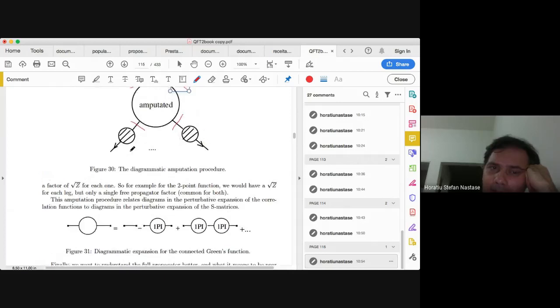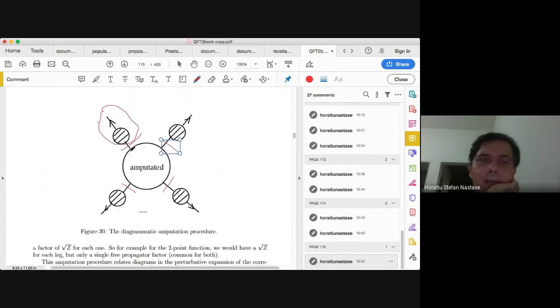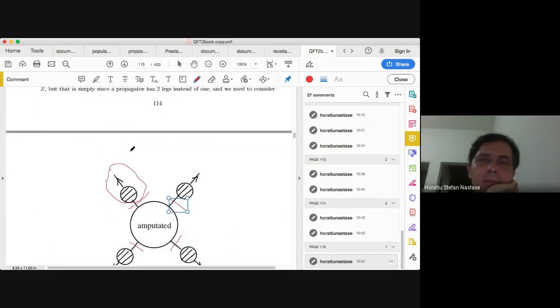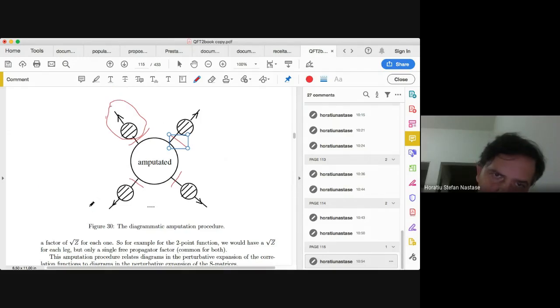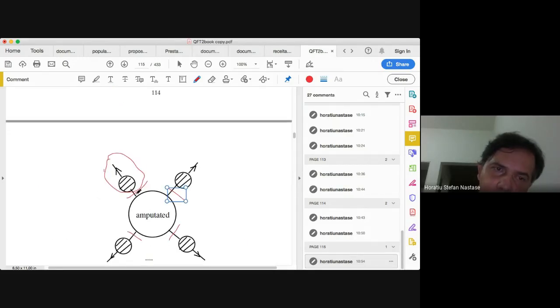But why is that? The reason for that is that the 2-point function has 2 legs, and I have to think of associating a square root z to each leg.